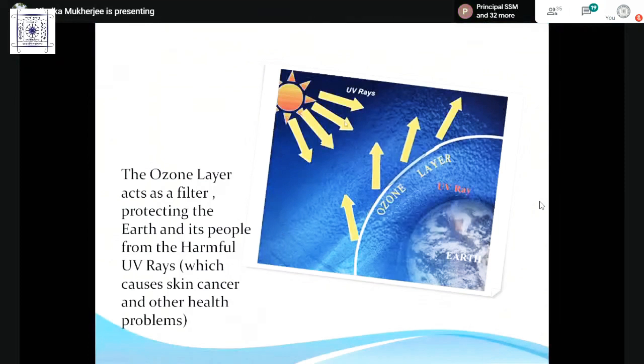Over here we can see that the ozone layer acts as a filter and protects the Earth and its people from the harmful UV rays, the ultraviolet rays, which can cause skin cancer as well as other health problems. And one thing we have to note is that no life is possible in the absence of the ozone layer.